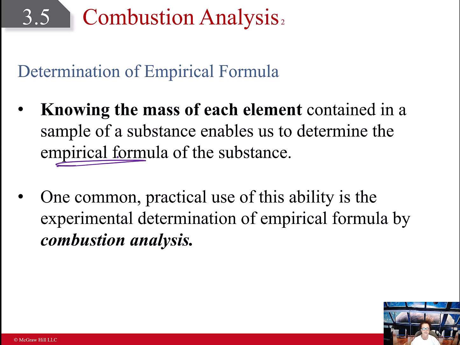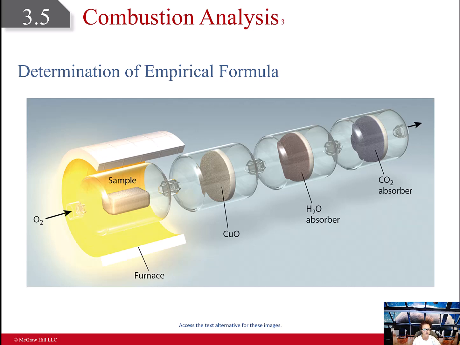One way we can do this is through combustion analysis, and we know combustion is burning. We're going to burn this stuff, and then we're going to capture the gases that are produced in these absorbers, or some instruments call them scrubbers, and we are going to then trap those.